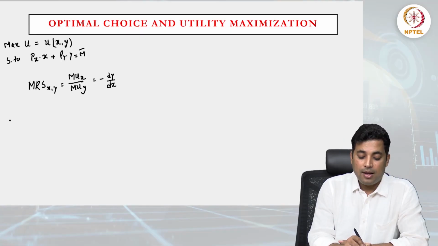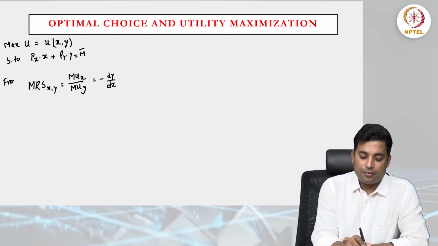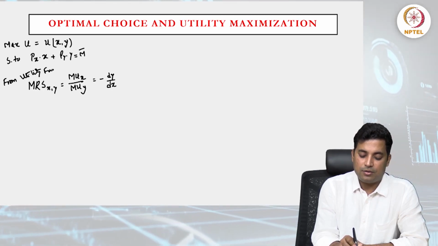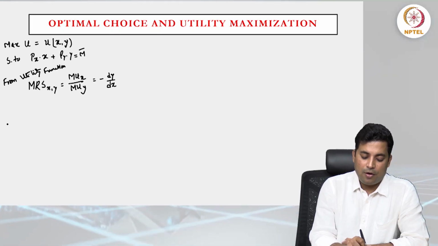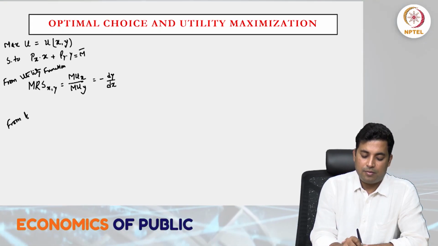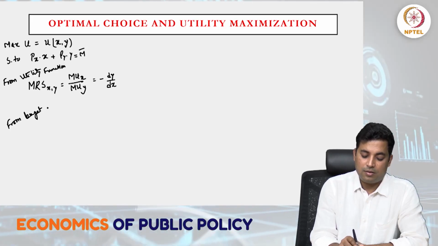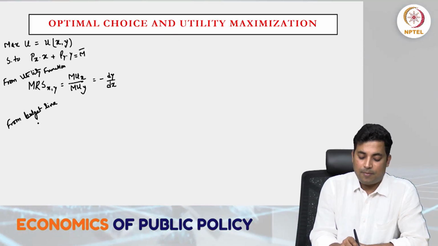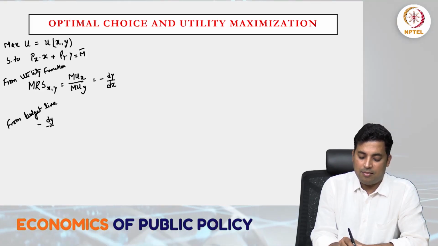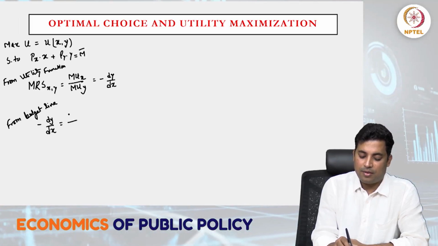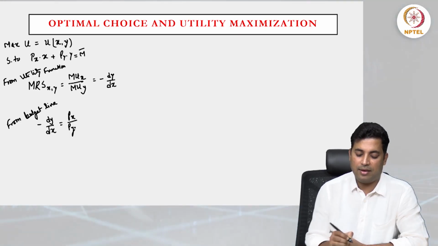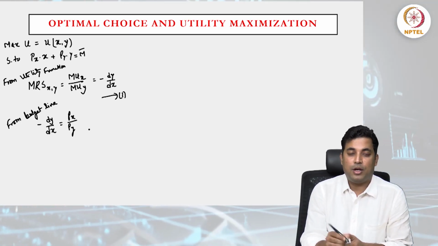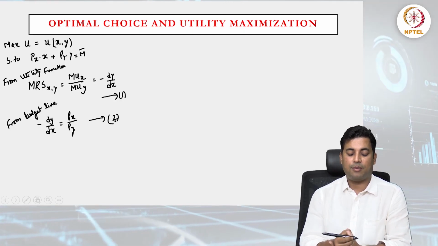This is from the utility function, right? From the budget line we get minus dy by dx equals px by py. So this is equation 1 from utility, and equation 2 we get from the budget line.